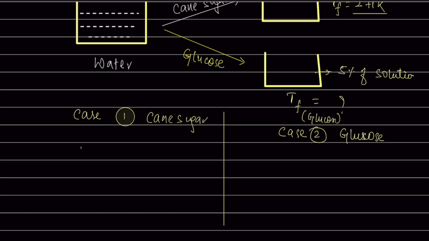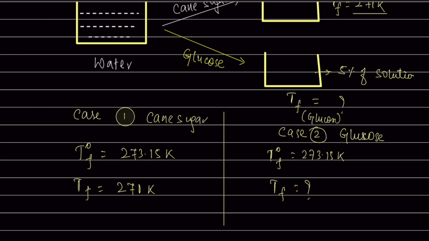We already know that T0F for the water is 273.15 Kelvin, the same for both cases. And here TF is equal to 271 Kelvin for cane sugar.